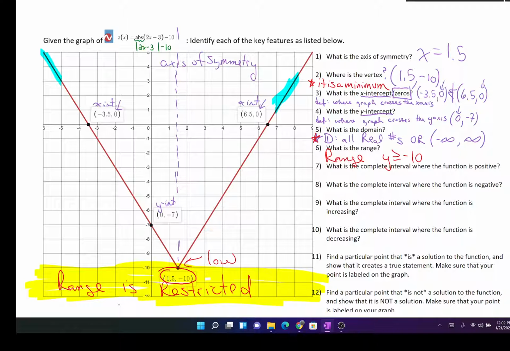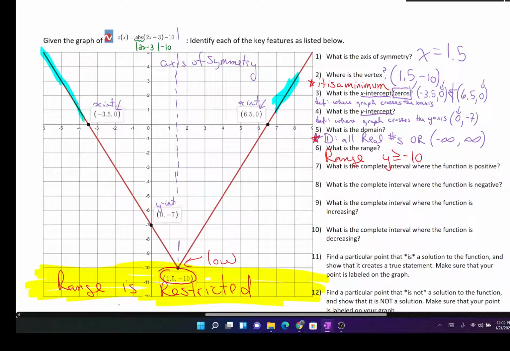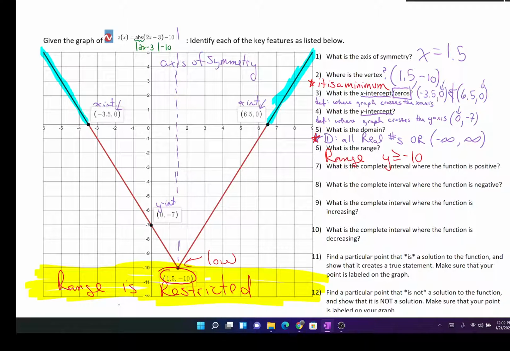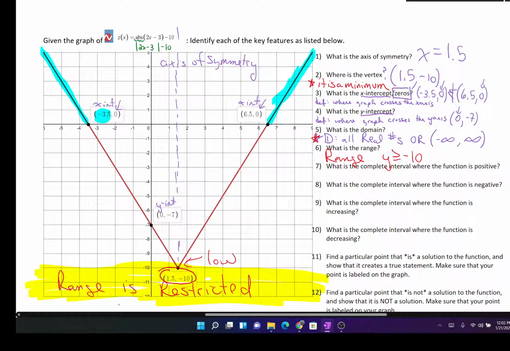On the test now, I want to know the whole piece that has positive values. And on this V shape, there are two of them. Okay, there are two areas where my function is positive, and they start at that number and they start at that number.